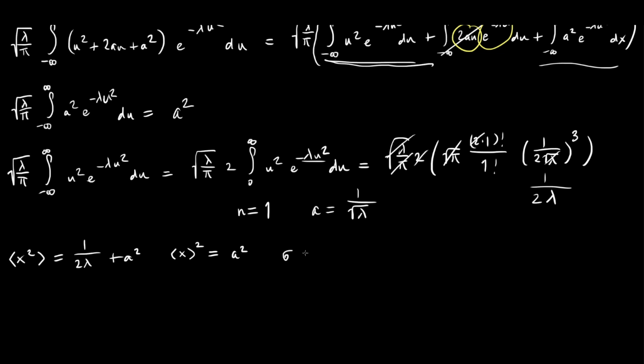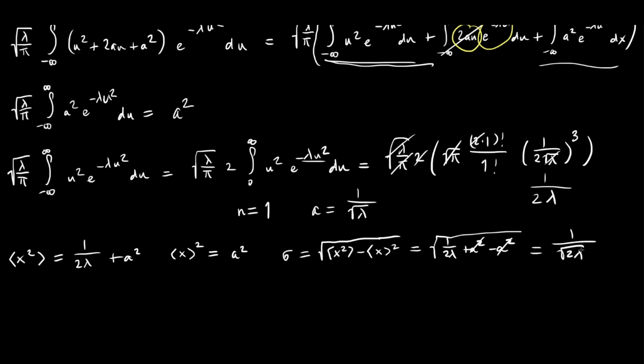And in order to get the standard deviation, it's just the square root of the expectation value of x squared minus the square of the expectation value of x. And what we end up getting is that these a squares cancel out, and it's just 1 over the square root of 2 lambda.